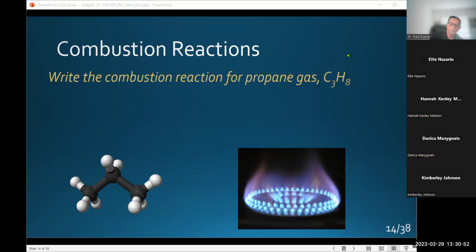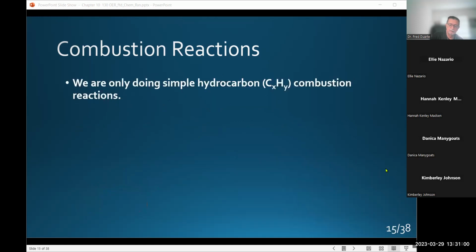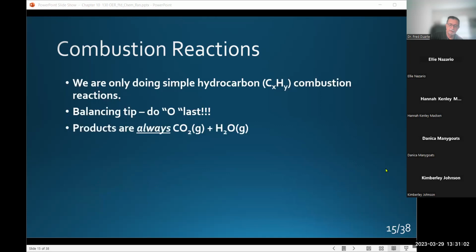All right, so there's the reaction. And then we balance it, again, by doing the carbons first, then the hydrogens, and then at the end, the oxygens.